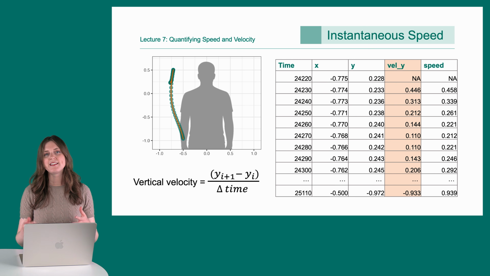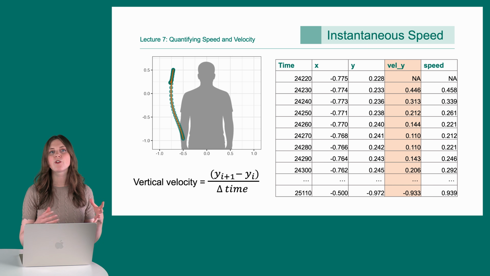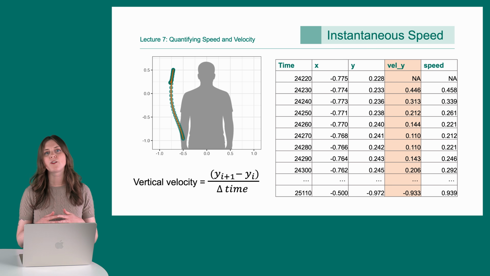We can calculate instantaneous velocity in just one dimension. For example, here, we calculate only vertical velocity at each moment in time using the change in position on the y-axis only. Negative indicates that the wrist is moving downward, and positive that it is moving upward.